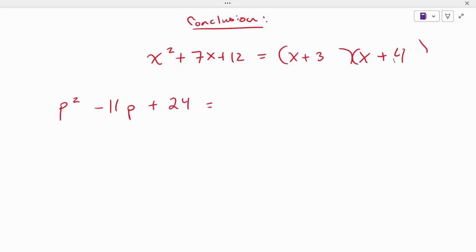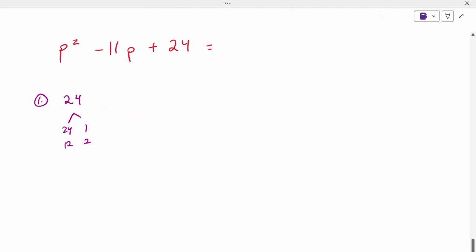Regardless of our a, b, and c terms for our trinomial, we're always going to take, as a step 1, the leading term and try to find its factors. So in this instance, you'll have 24 and 1, you'll have 12 and 2, you'll have 6 and 4, you'll have 8 and 3. All of these are potential factors of 24.